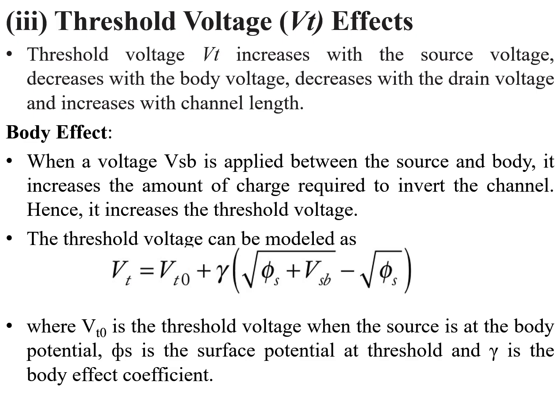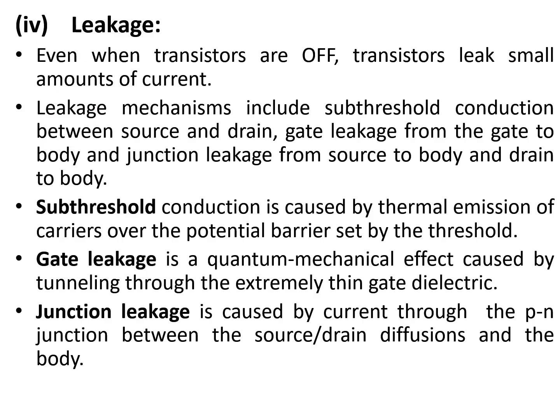The threshold voltage is given by the following equation, where Vt0 is the threshold voltage when the source is at the body potential, phi s is the surface potential at the threshold, and gamma is the body effect coefficient.